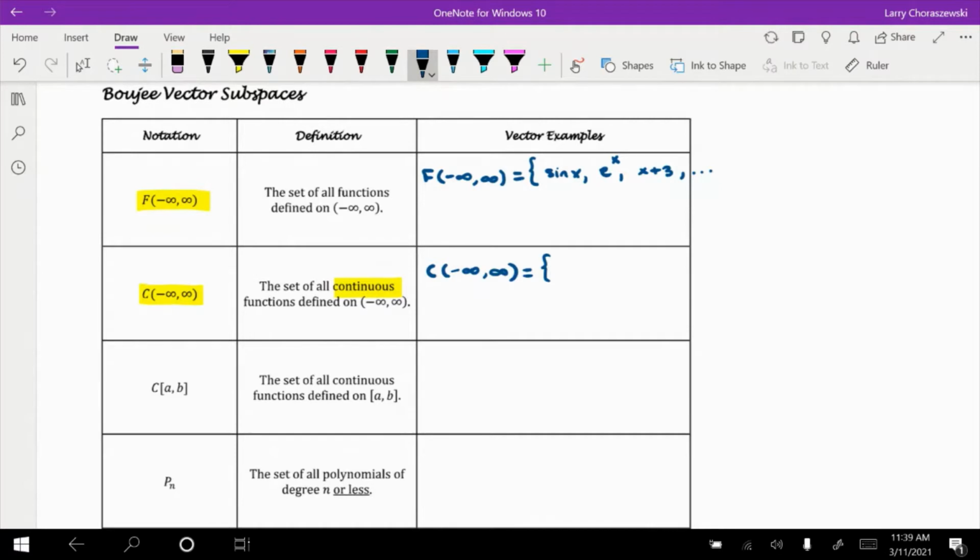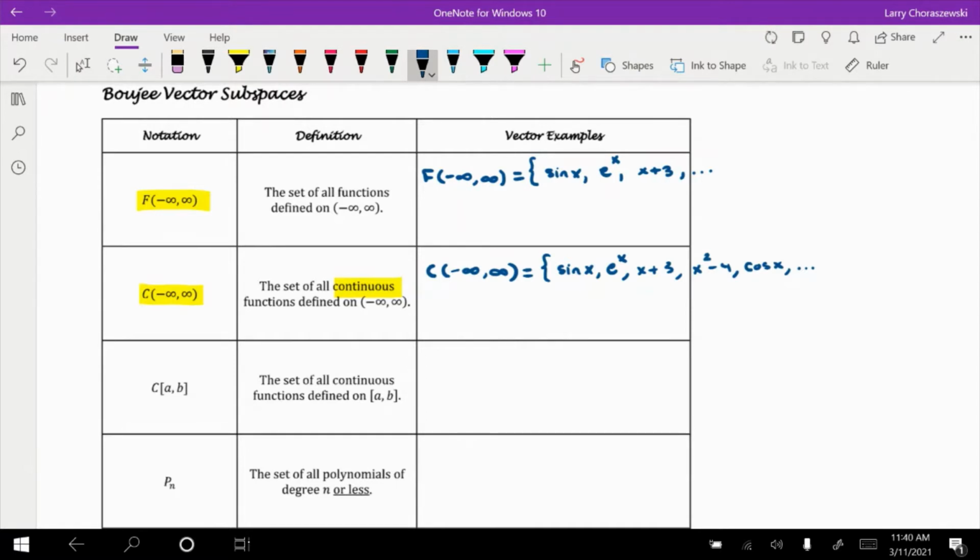Certainly sine x is continuous and has a domain of all real numbers, so sine x would belong in this set as well. So would e to the x, so would x plus 3, so would some of your other polynomials, such as x squared minus 4. Cosine belongs in here as well, and many, many more.